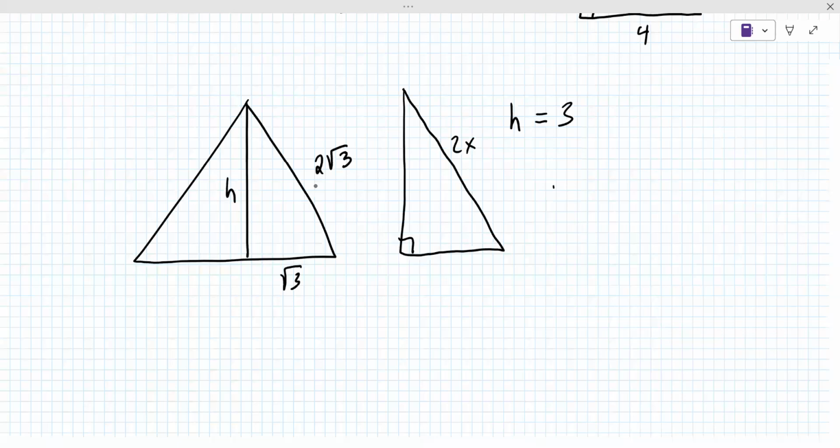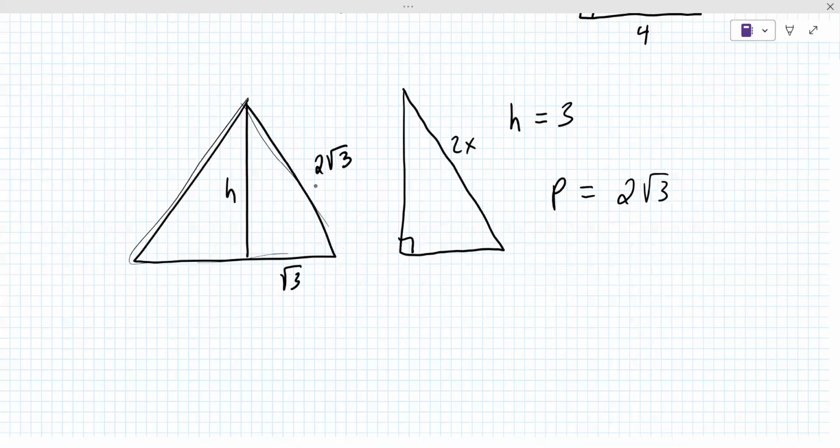Okay. Next, tell me the perimeter of this big triangle. Would I just add them? Just add up the 3 sides.